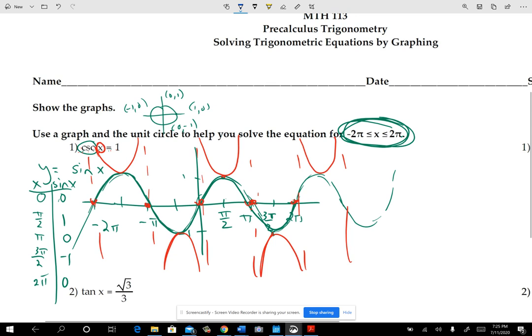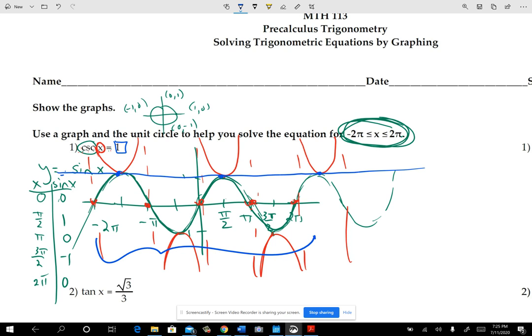Let me change it to a blue color. See this 1 right here? That's where the output of the function turns out to be 1. Where do the y values turn out to be 1? Here would be where y's are 1. And you see how that happens for all of those high points? And then you only need to report between negative 2 pi and 2 pi. So that means you need this one and this one.